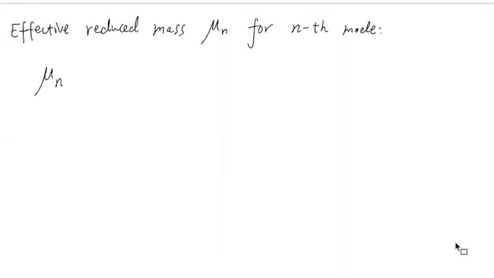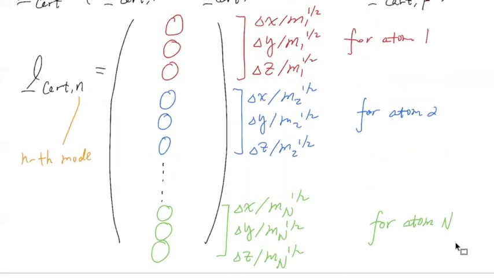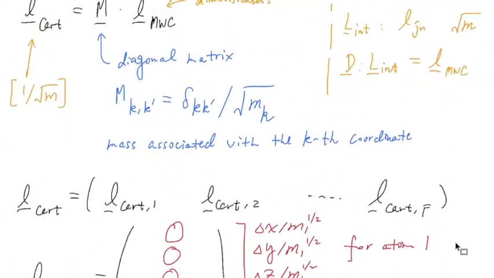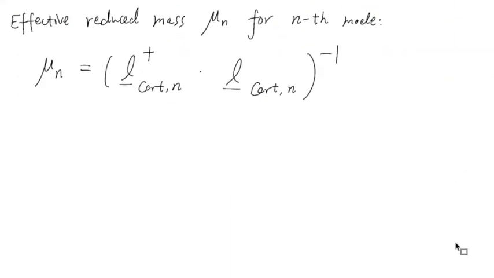And the generalization is actually, this is simply L Cartesian for the nth mode, complex conjugate, times L Cartesian for the nth mode. So this is an inner product. And then you put this term on the denominator. All right? Because again, the unit of L Cartesian is 1 over square root m.